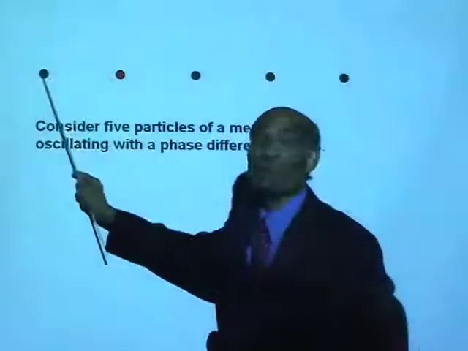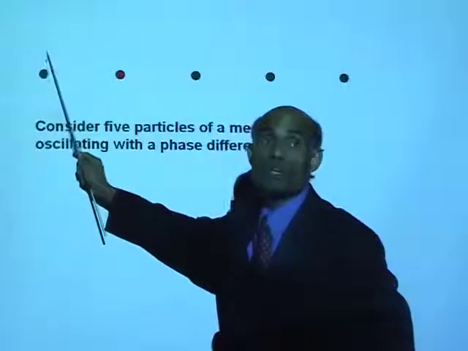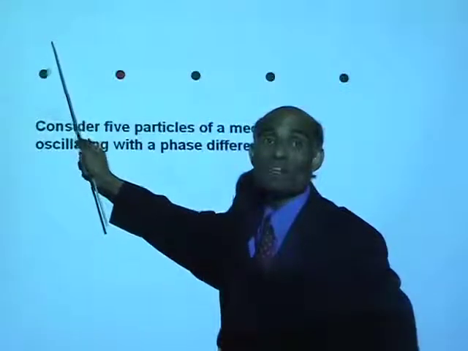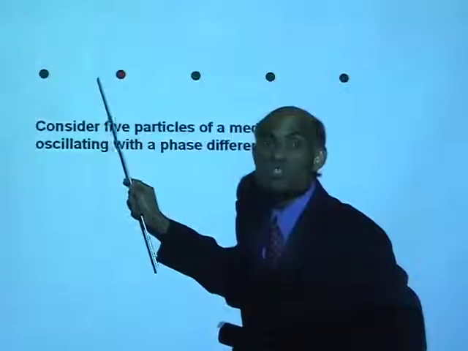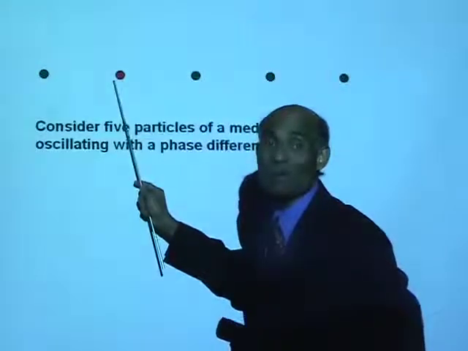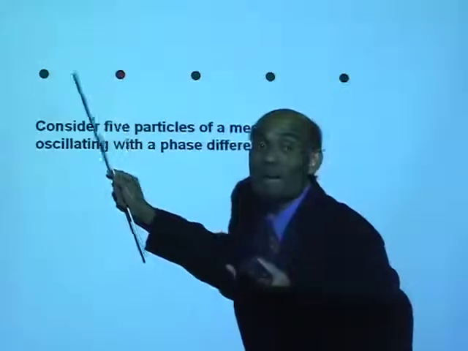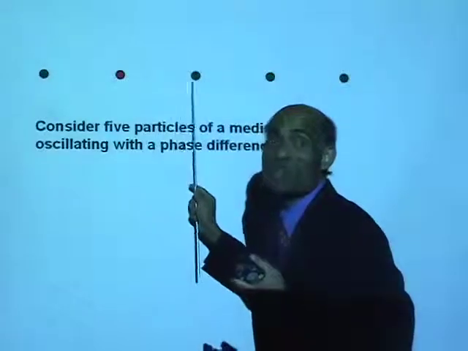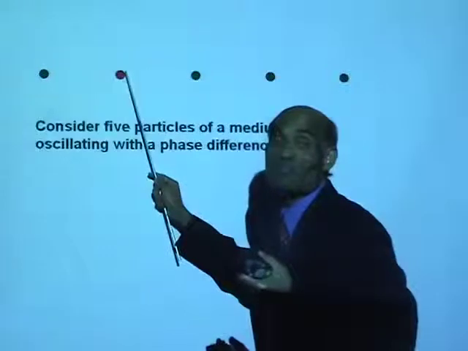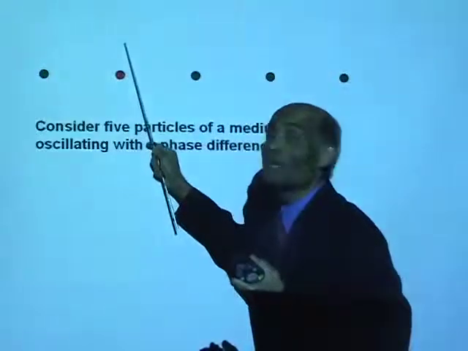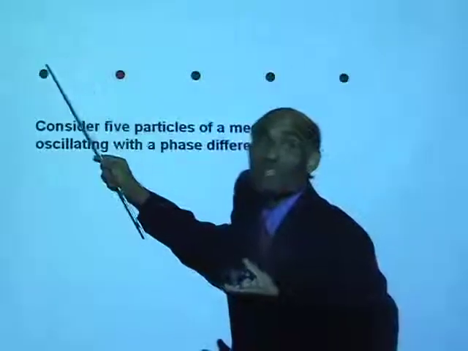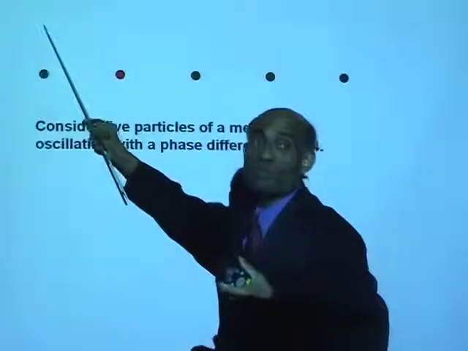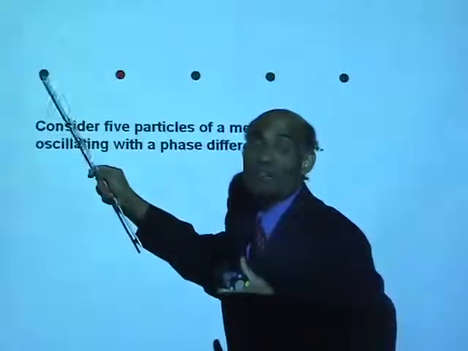It means when the first particle completes a quarter of a vibration, the energy will just reach the second particle, and it will begin. That is the meaning there. And when the energy reaches the third particle, the second particle would have completed a quarter of a vibration. The first particle would have completed half a vibration.